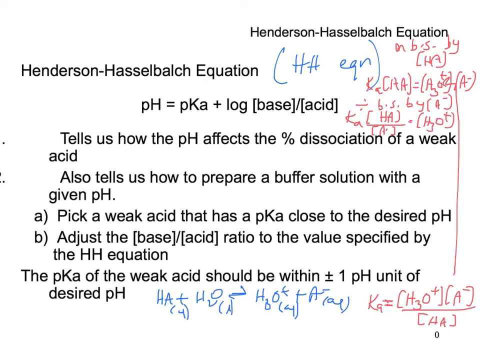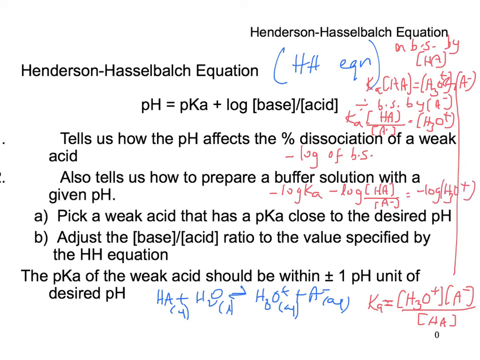Okay, and now we are going to take the negative log of both sides. So that means negative log of Ka minus log of HA over A minus is negative log of hydronium.